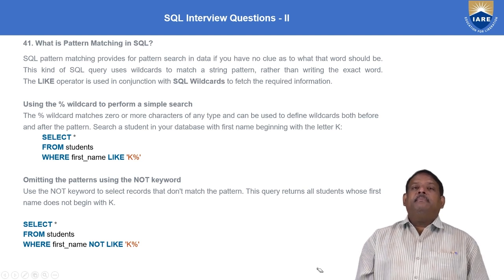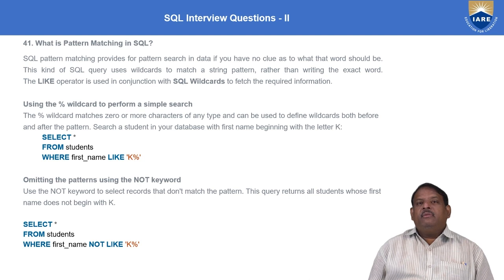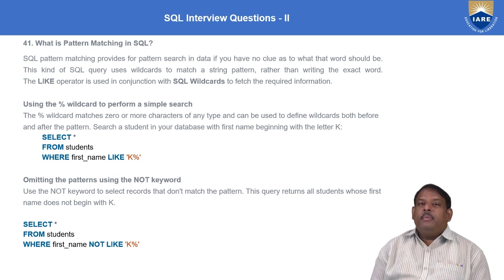SQL Server pattern matching provides a pattern search in data when we have no clue what the exact word should be. This kind of SQL query uses wildcards to match the string pattern rather than writing the exact word. The LIKE operator is used in conjunction with SQL wildcards to fetch the required information.